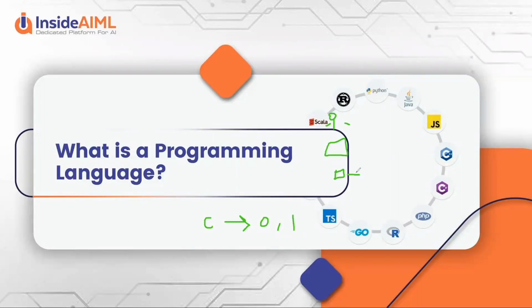We write our set of instructions through the programming language, and it will convert whatever command you have written into the form of zeros and ones so that your machine can understand and perform its operation.